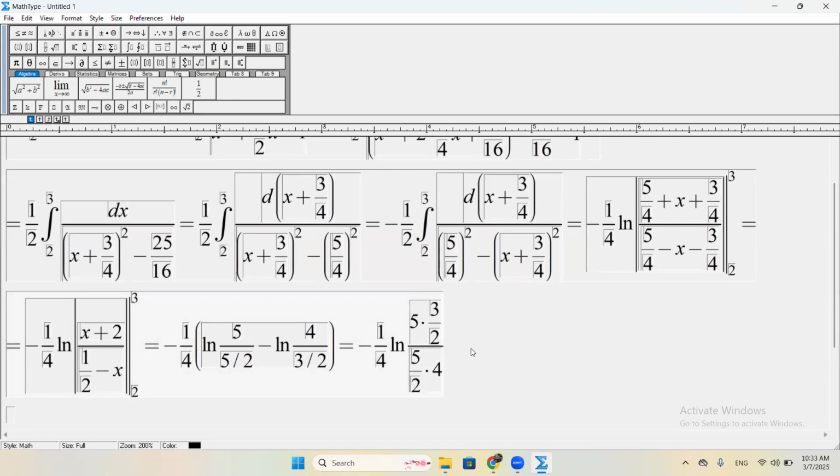So now we can calculate it. Let's cancel first of all the division by 2. So 3, and here 5. As well we will cancel 5, and we will have 1 over 4 minus 1 over 4 logarithm of 3 over 4. So this is the final answer.